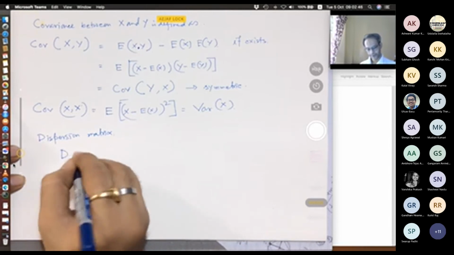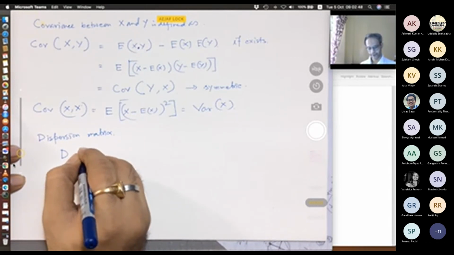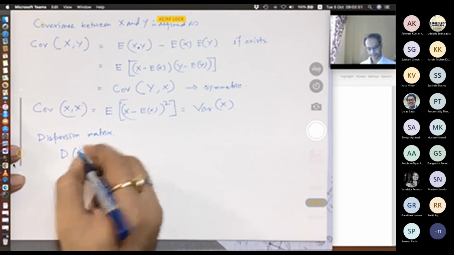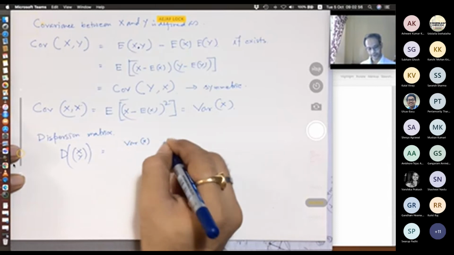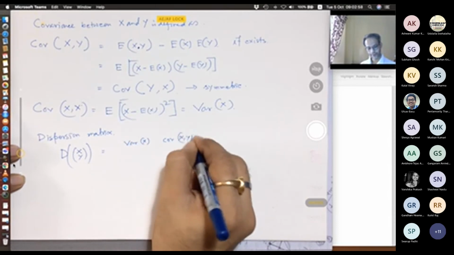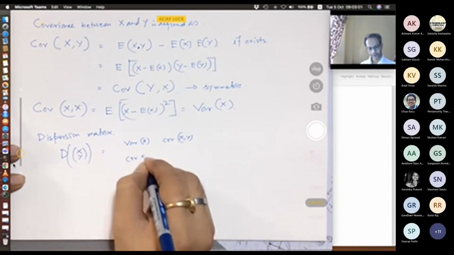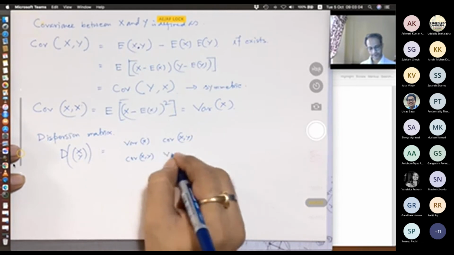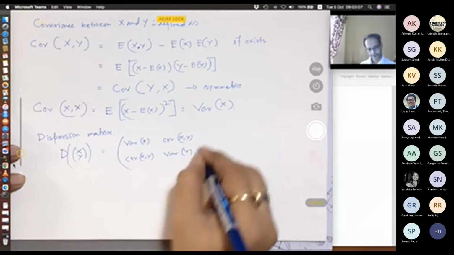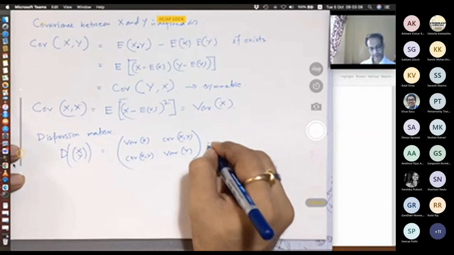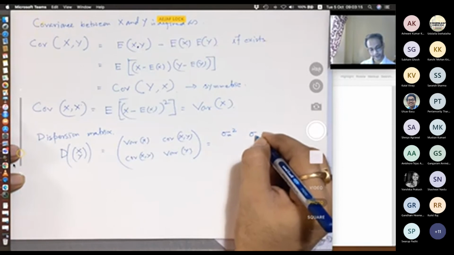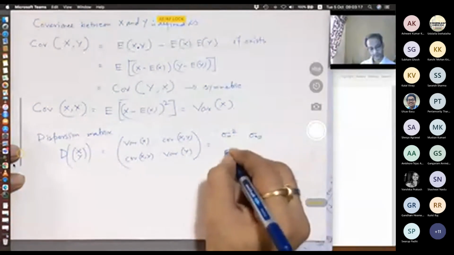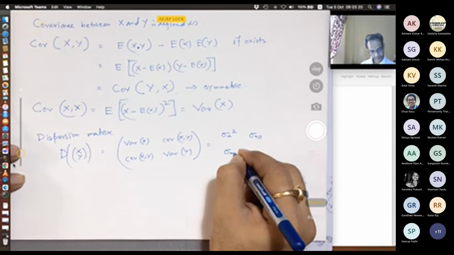So D of the (X,Y) vector, which is variance of X, covariance of XY, covariance of XY or YX, and variance of Y. And sometimes it is also written in this way: sigma_X squared, sigma_XY, sigma_XY, sigma_Y squared.